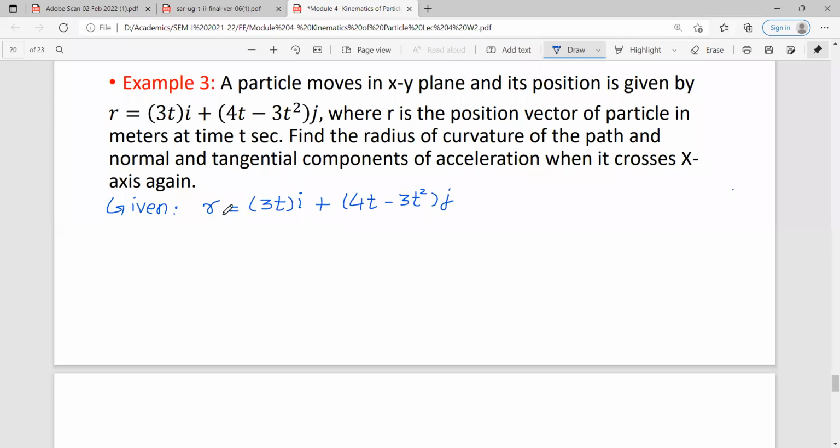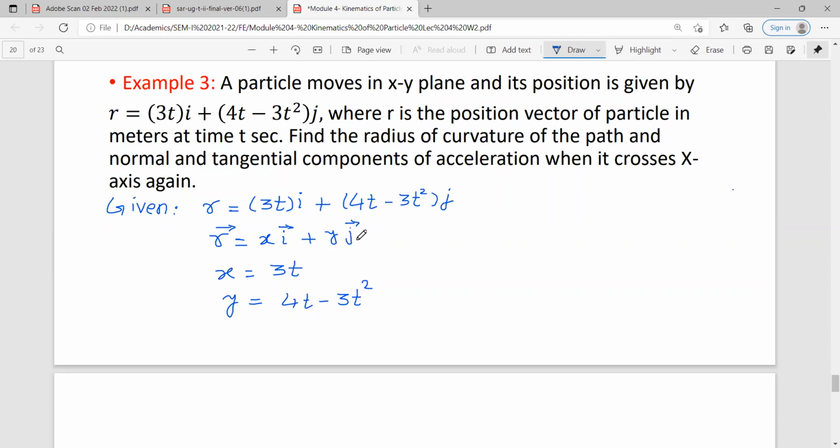Okay, on comparing this position vector with r bar is equal to x i bar plus y j bar, from here we come to know that x is 3t, that is, x is mentioned as a function of time, and y is equal to 4t minus 3t square.